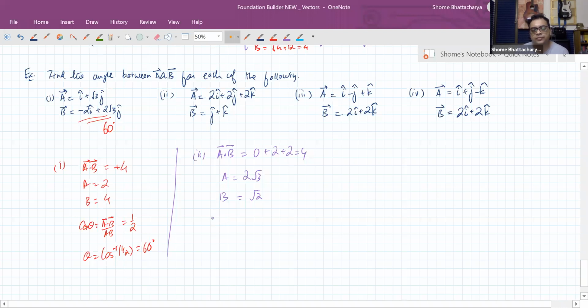Okay, so cos theta is, so you'll just have to say that theta is cos inverse of root 2 by 3.